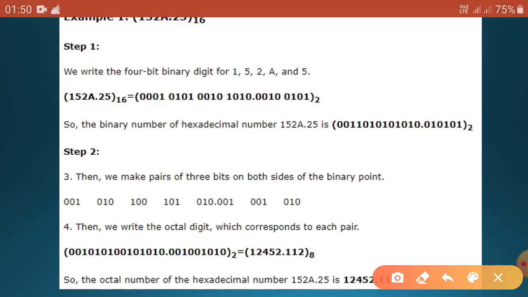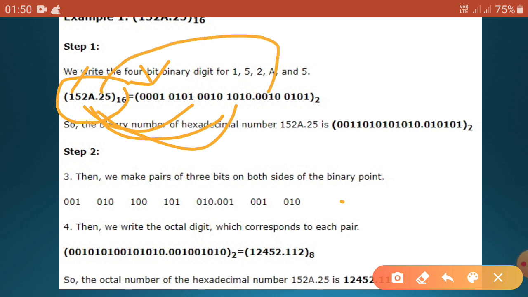This is another example we are taking. Suppose the example is 152A.25 in hexadecimal. We write 1 as 0001, 5 as 0101, 2 as 0010, A as 1010, because A means 10, 2 again as 0010, and 5 as 0101.